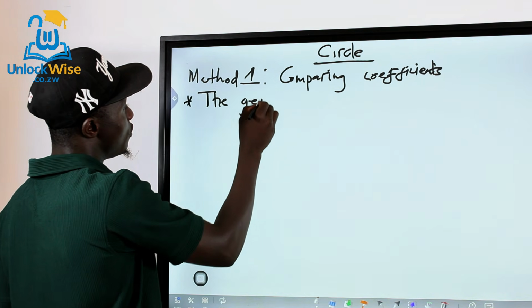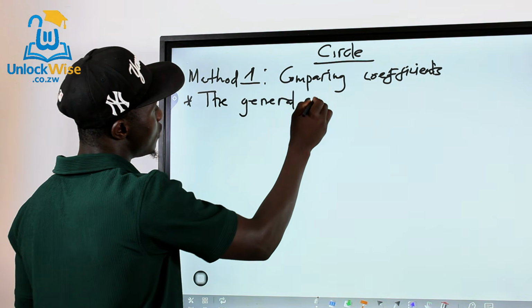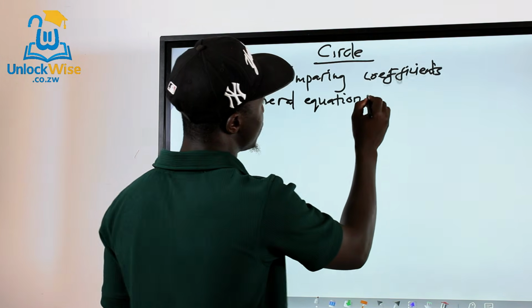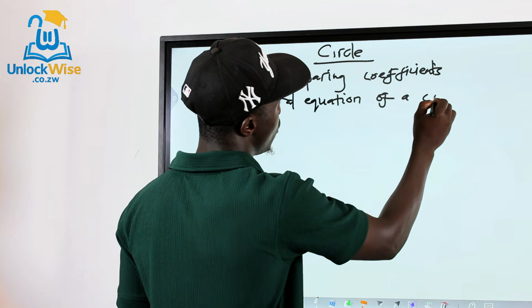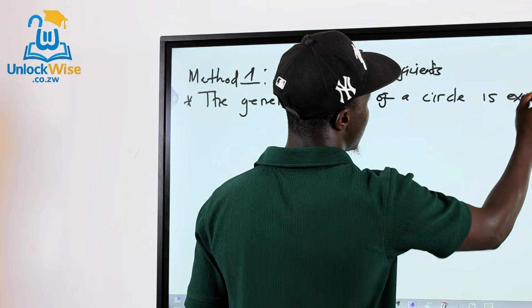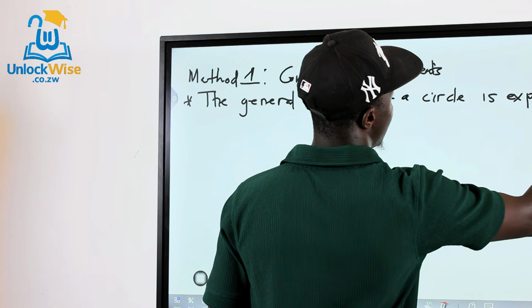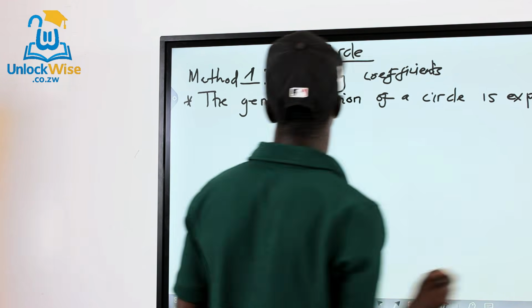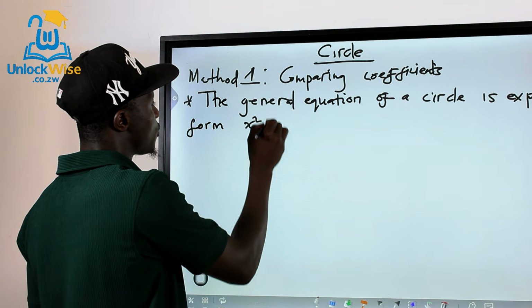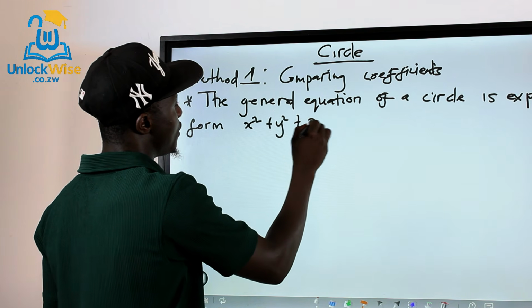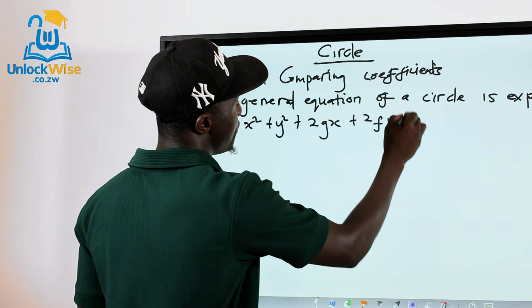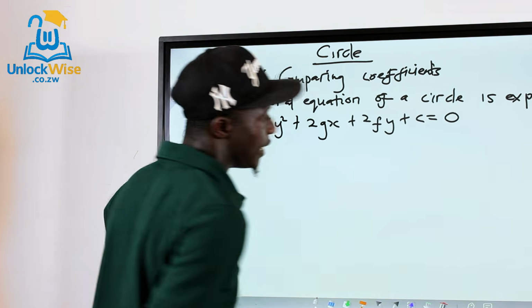The general equation of a circle is expressed in the form x squared plus y squared plus 2gx plus 2fy plus c is equals to 0.